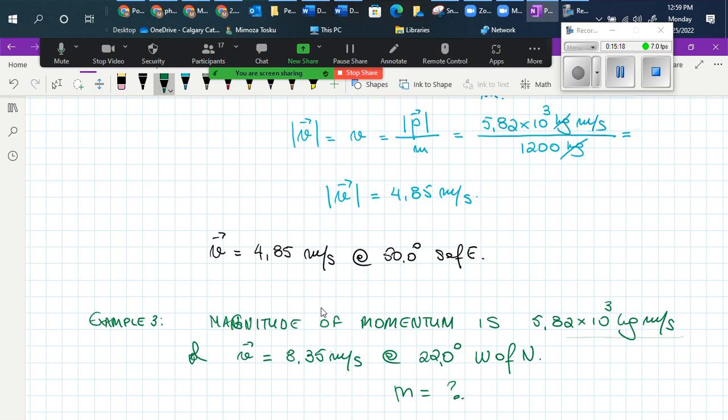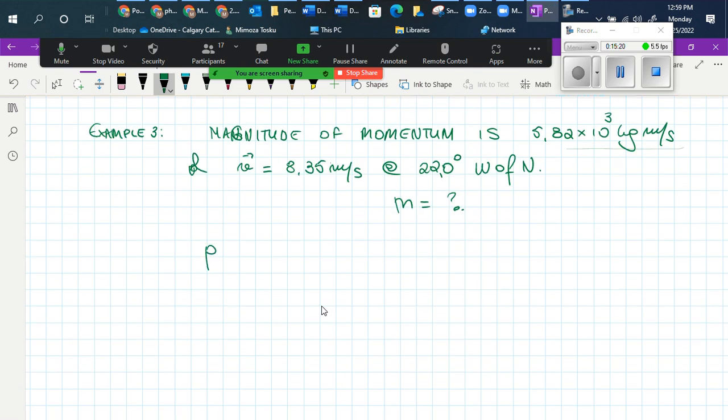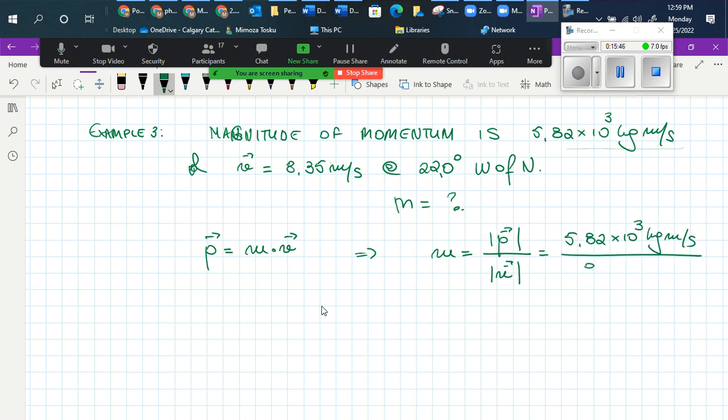Now, based on the fact that momentum is equal to mass times velocity, since we are finding a scalar quantity in this case, mass will be equal to the magnitude of momentum over the magnitude of the velocity. So this will be 5.82 times 10 to the power of 3 kilogram meters per second over 8.35 meters per second. We ignore the direction in this case.